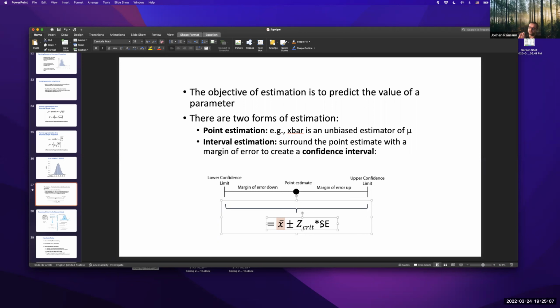That essentially varies around this mean of means, which is your best point estimate for that population. So you add or subtract this critical z that you're willing to accept as your alpha, your type 1 error rate, multiplied by the standard error of the mean. And this is how you calculate the confidence interval.